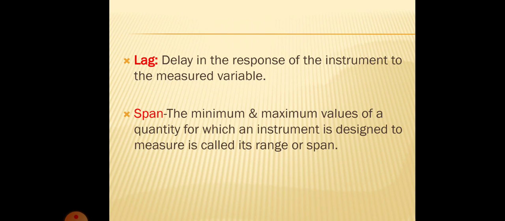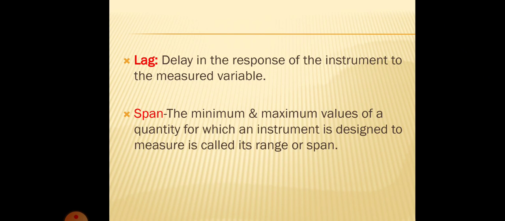So the same concept here: the delay in the response of the instrument to the measured variable, the delay which occurs while measuring any physical quantity, is called the lag. This is an undesirable characteristic of that instrument.